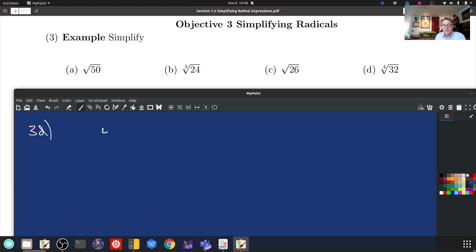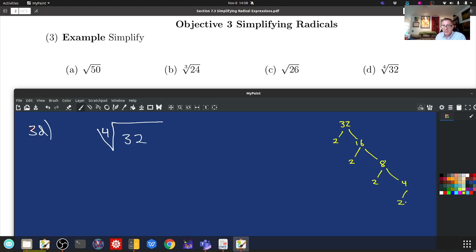So now our index is 4. We're going to do the 4th root of 32. So let's come over here and factor 32. I'm going to divide it by 2. That gives me 16. I'm going to divide 16 by 2. That gives me 8. Divide 8 by 2 and it gives me 4.